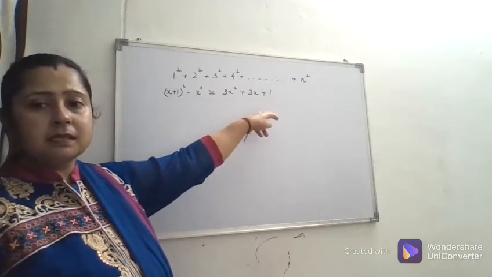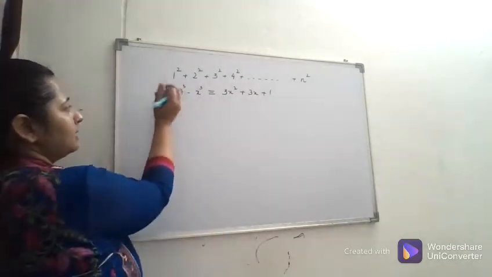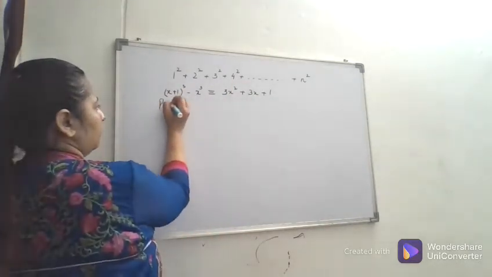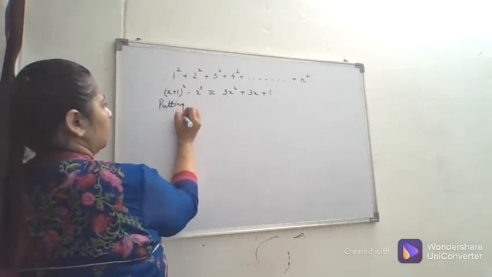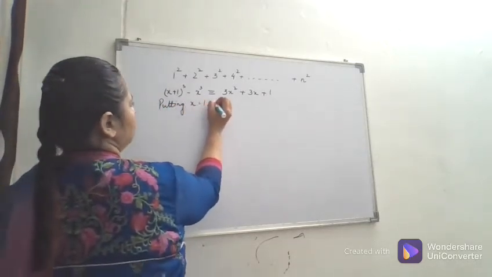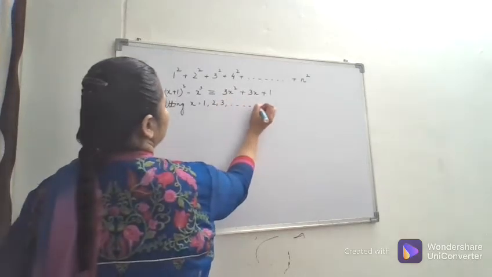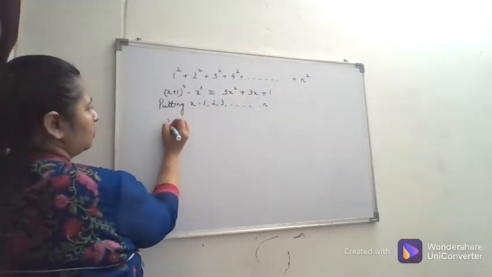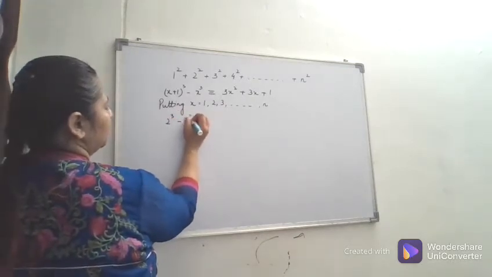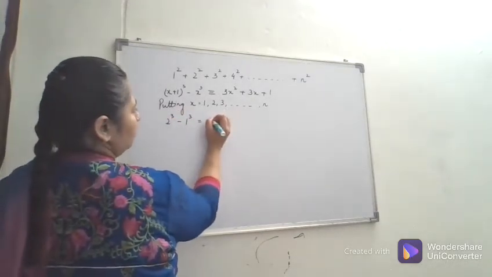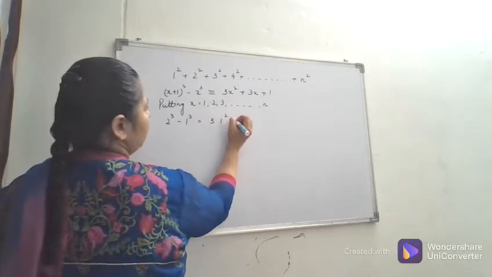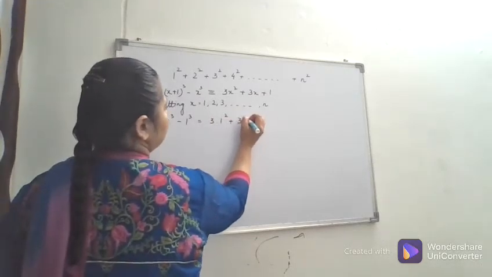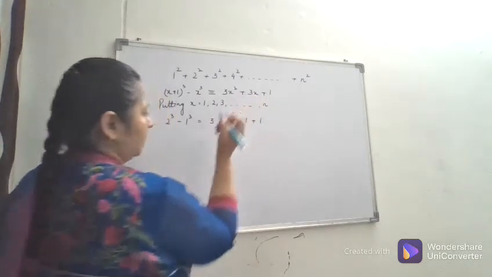Now when we put x equal to 1, 2, 3, and so on till n, we have 2 cube minus 1 cube is equal to 3 into 1 square plus 3 into 1 plus 1.